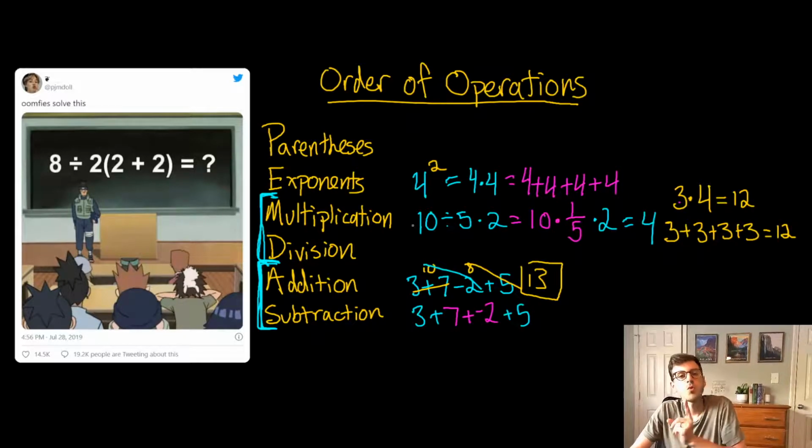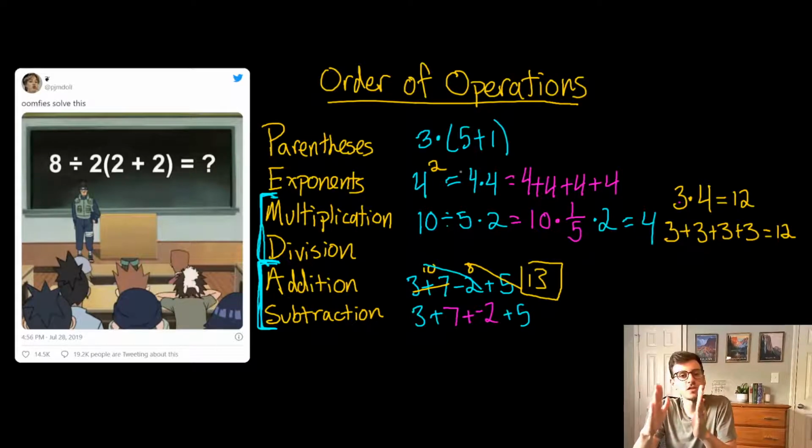Parentheses. The point of parentheses is to say what comes first. An example. If I had something like, I don't know, 3 times (5 plus 1). Normally, using the order of operations, if those parentheses weren't there, we would do 3 times 5 and then add 1.